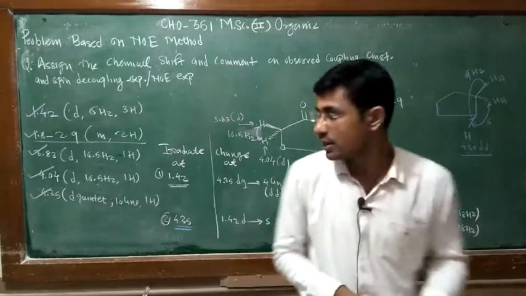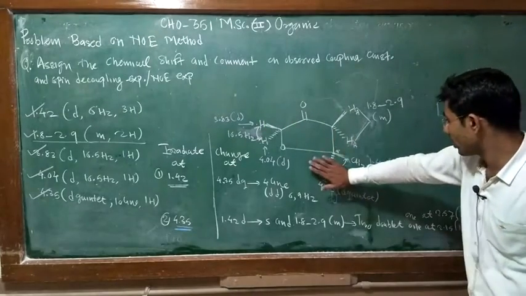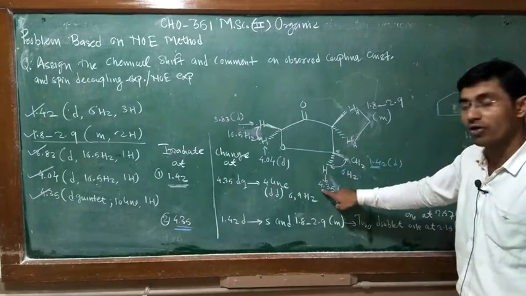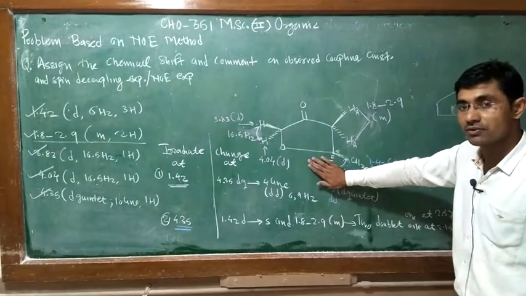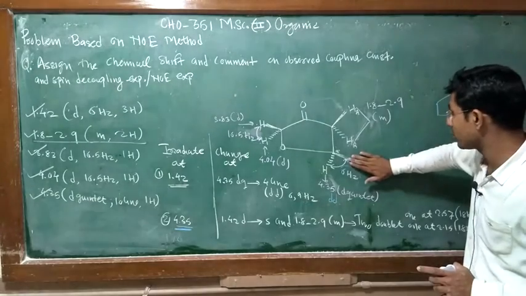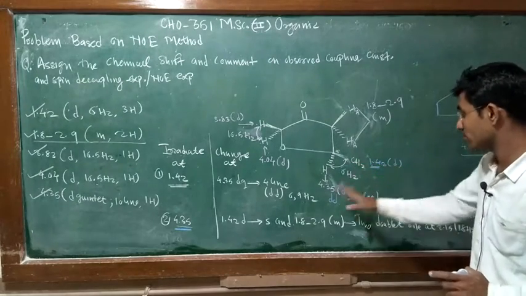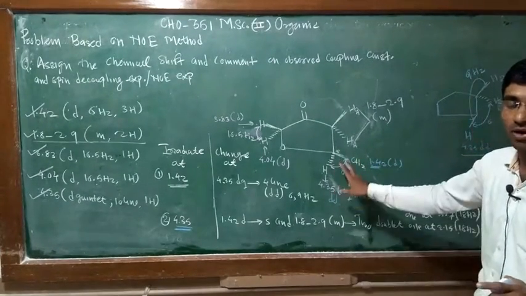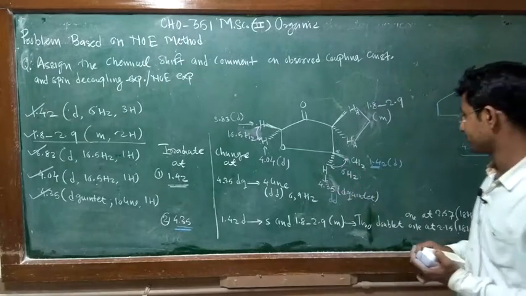Obviously this happens here. If we irradiate this proton, the signal at 1.42 doublet is changed into a singlet, means this 6 hertz coupling is not possible.